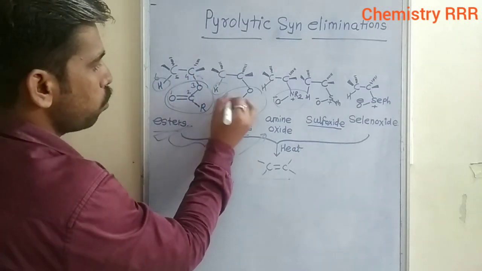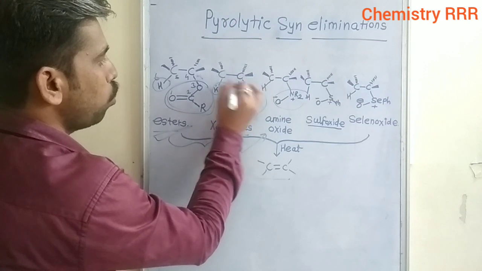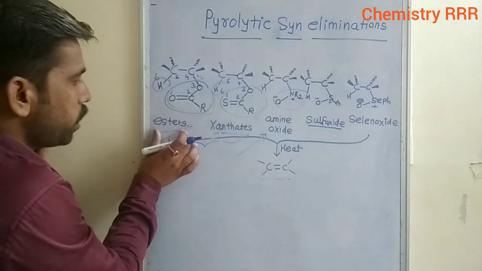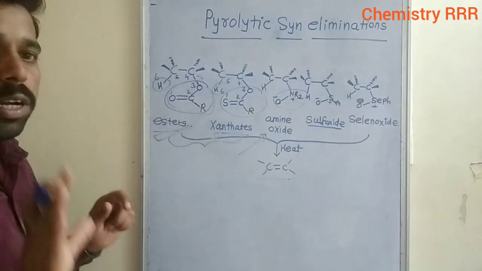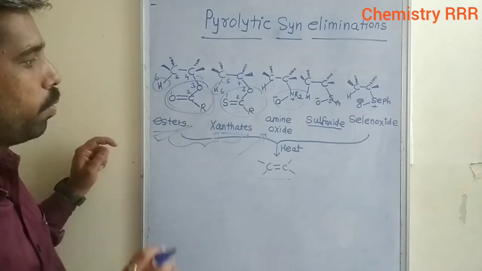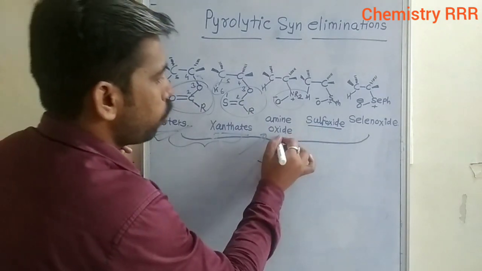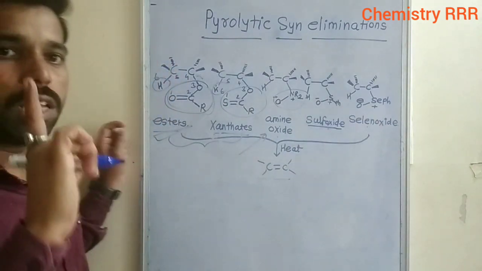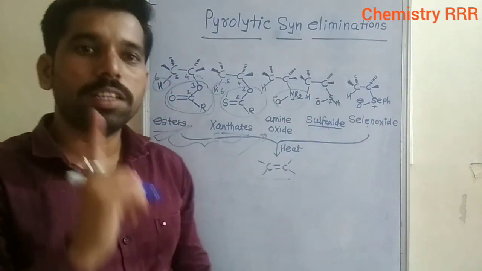Here also 1, 2, 3, 4, 5 and 6. Means for the pyrolysis of esters and xanthate, there is an involvement of the 6-member transition state. But for pyrolysis of the amine oxide, sulfoxide and selenoxide, there is an involvement of the 5-member transition state.